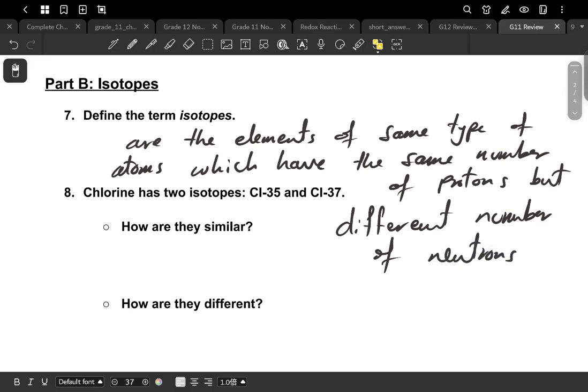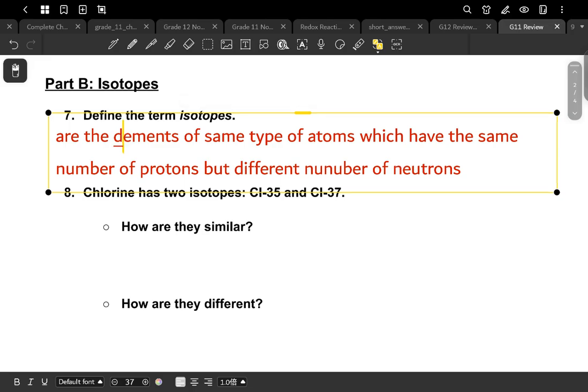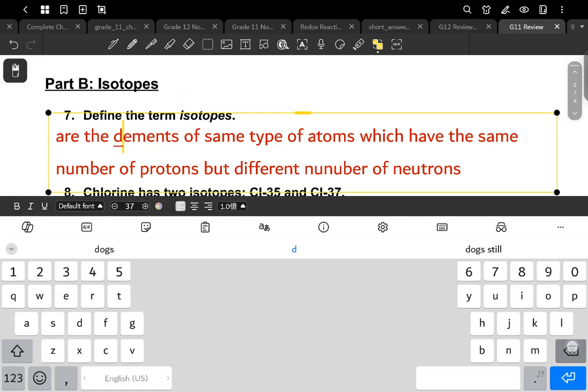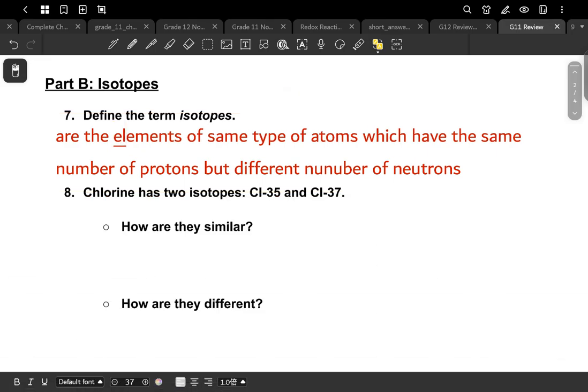Okay, so they will have the same atomic number but different mass numbers. Elements of the same type of atoms which have the same number of protons but different number of neutrons.